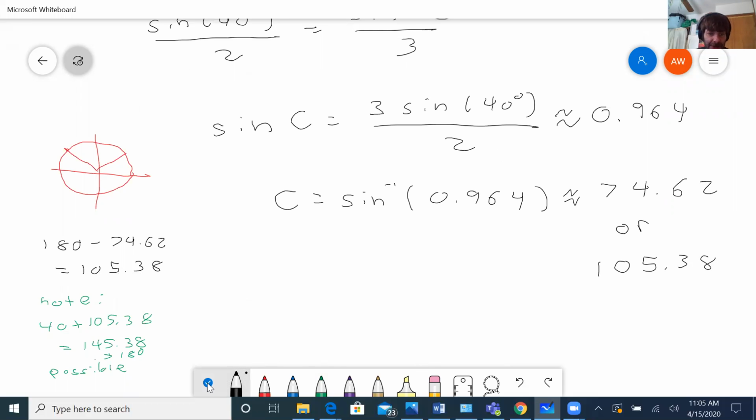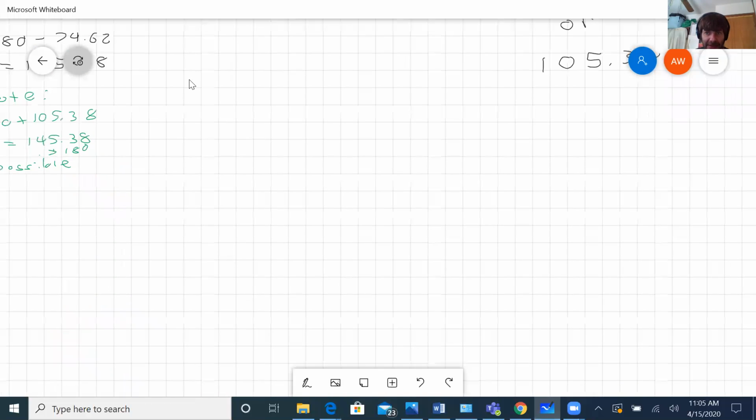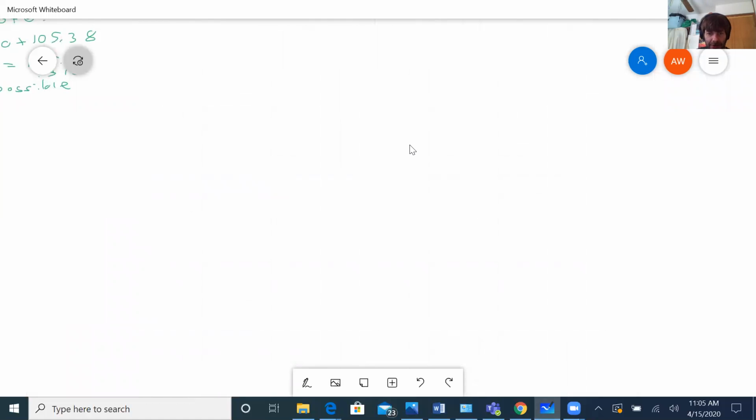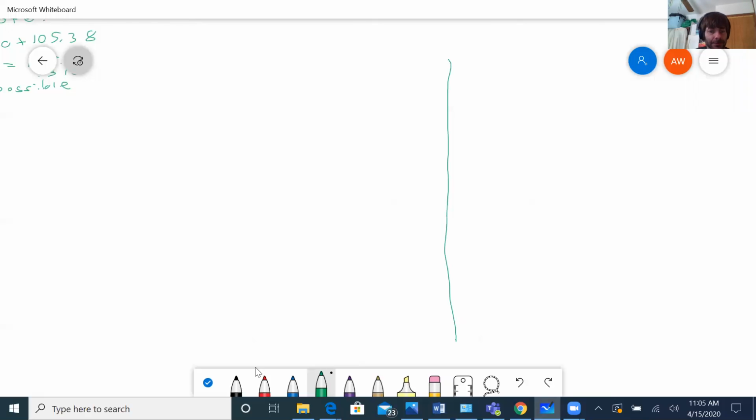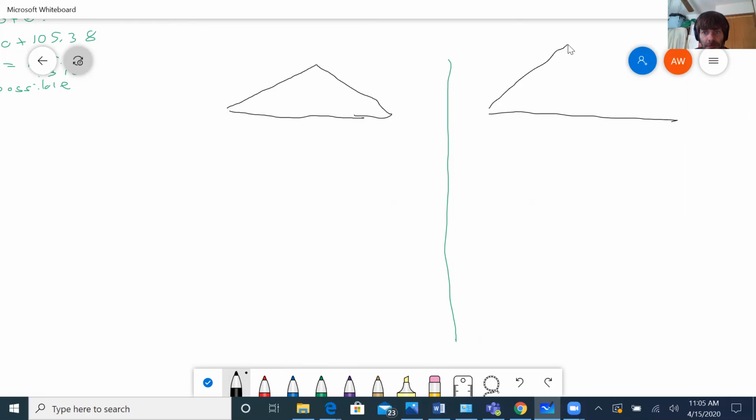All right. So I suppose what I should do is make myself two different triangles, and let's make myself two columns. Here's one possibility, just getting everything that I had from before. So B was 40.